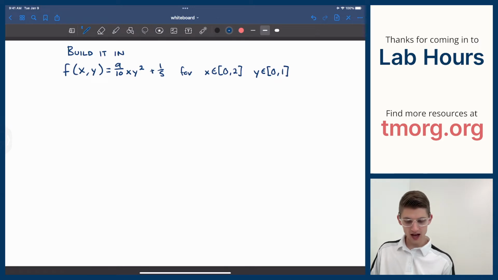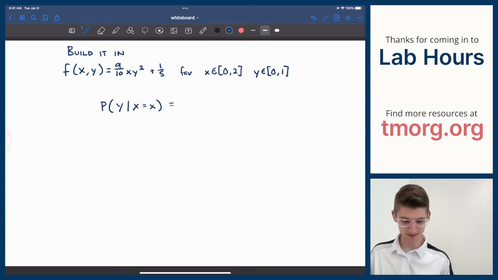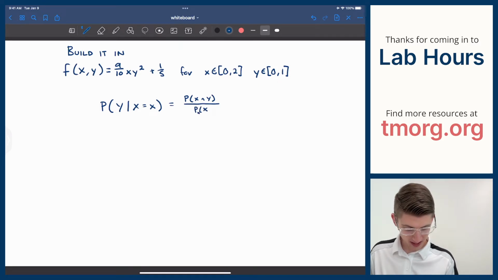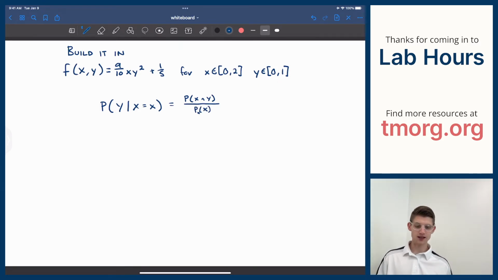So if I need to build conditions into it, instead of doing what I did before, like with the probability of y given that x is equal to some x, that was the probability of x intersect y, or y intersect x, because the order of intersects doesn't matter, over the marginal probability of x, of some given x value.